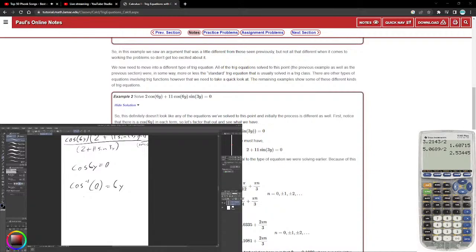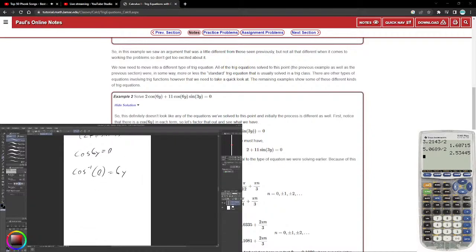When cos is at 0, it can be pi, it can be 0, wait.